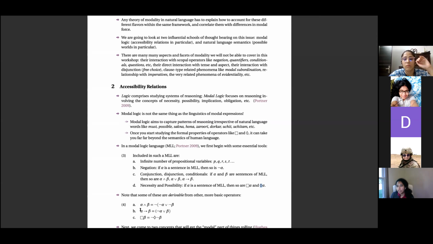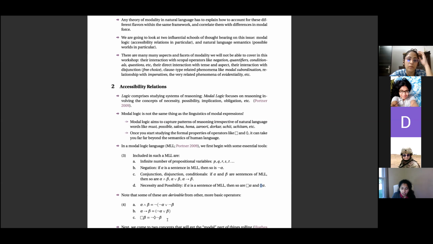Alpha and beta is equivalent to saying it is not the case that not alpha or not beta. If you do the truth conditions that you learn in the semantics of the operators, this equivalence should follow. Then material implication, if alpha then beta, is equivalent to saying not alpha or beta, again if you do the material implication truth conditions.